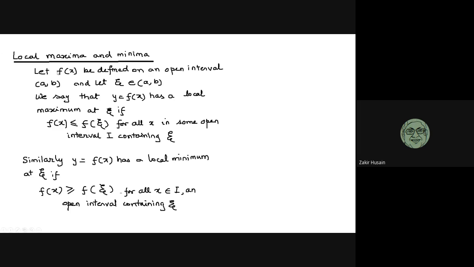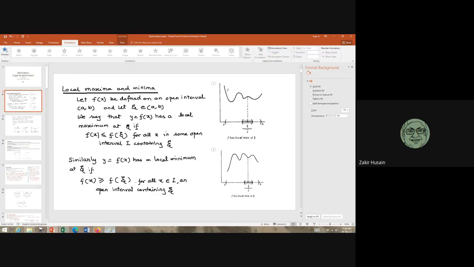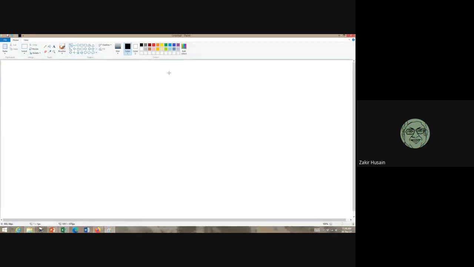So what I'm showing over here is that I have some function, and this is an open interval.